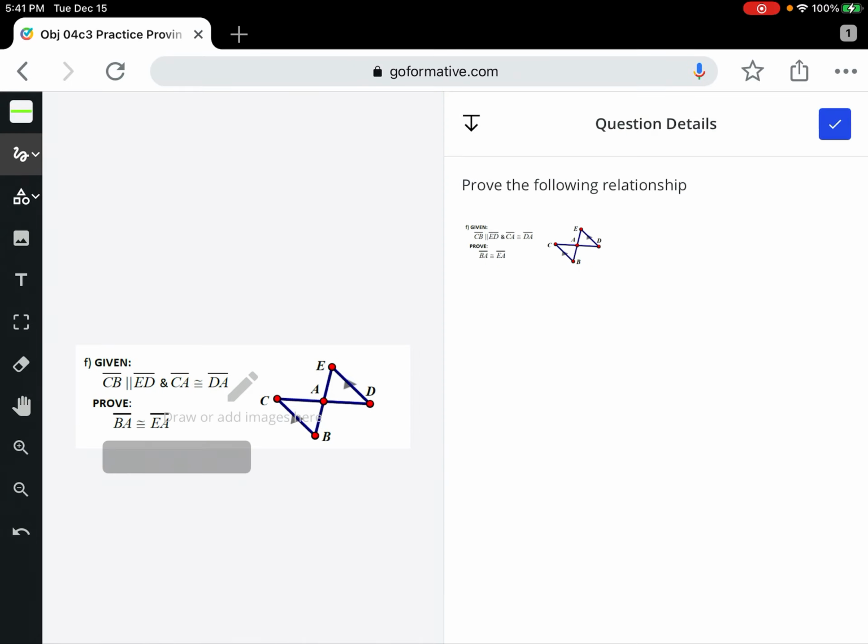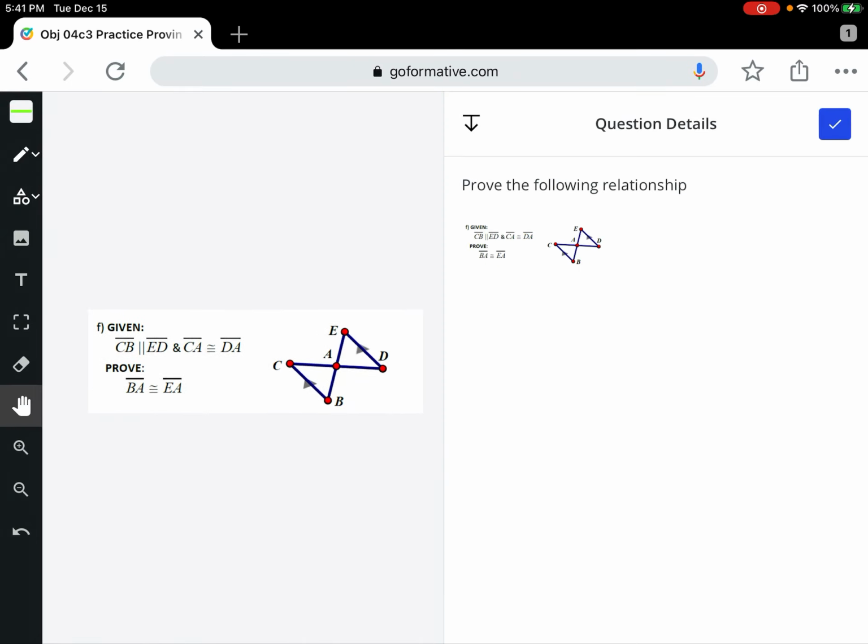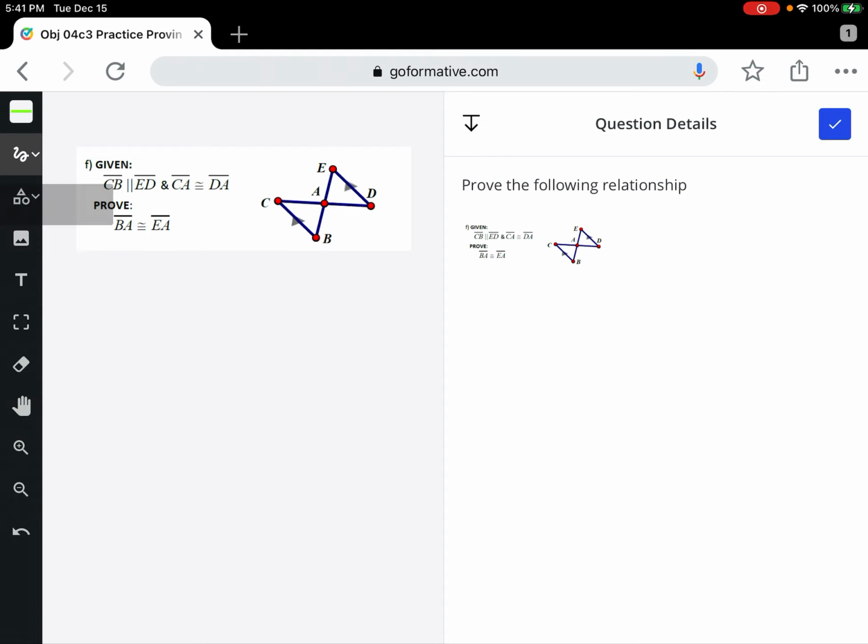All right, last but not least, we're using our parallel lines. Move this up. You guys have the capability of doing that too. Okay, so you're given CB is parallel to ED. That's given.